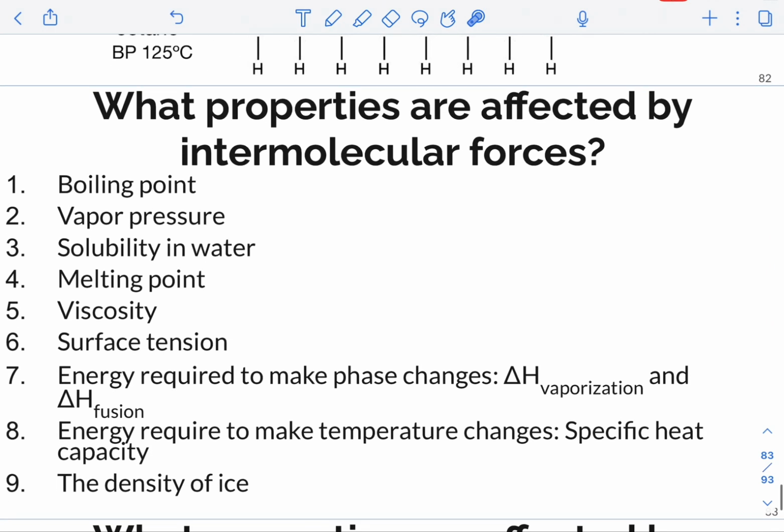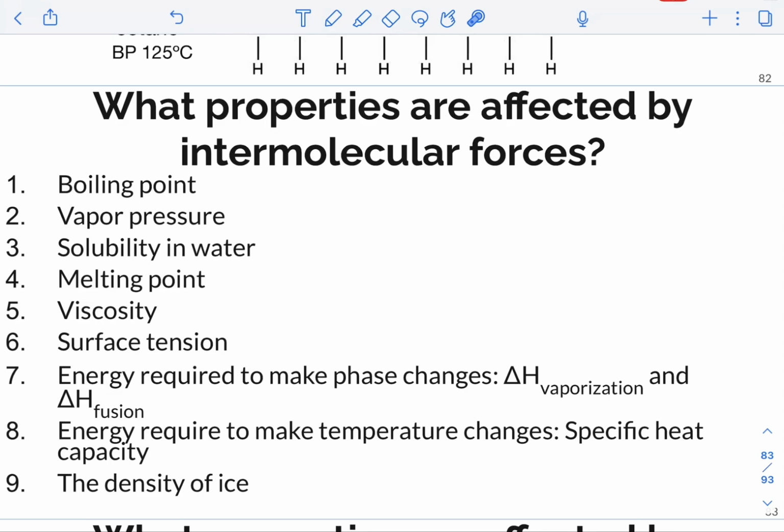So let's take a look at what properties are affected by intermolecular forces, okay? And we know some of these already. Boiling point, vapor pressure. Some of them you might not necessarily know for sure, but you definitely know hydrogen bonding because it has water, because water has hydrogen bonding.